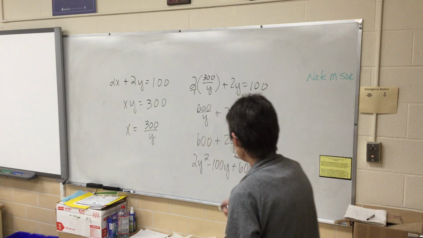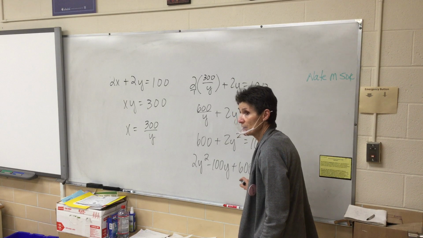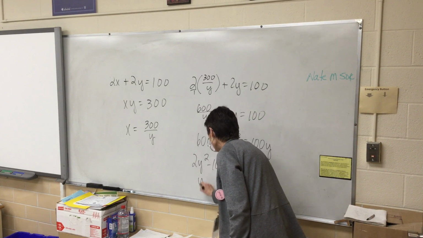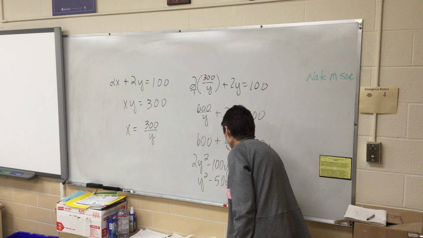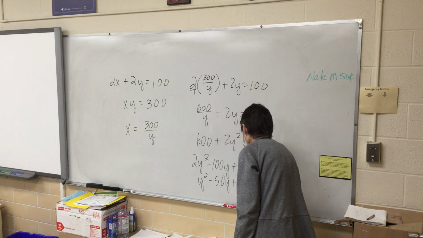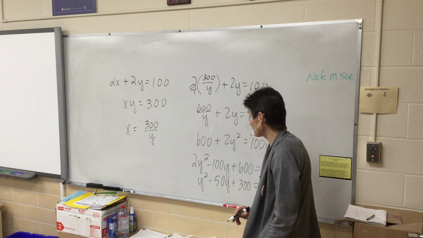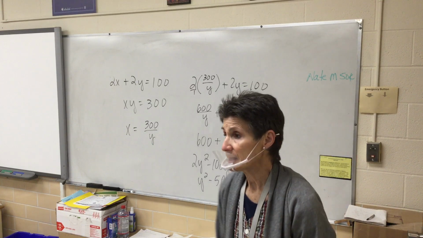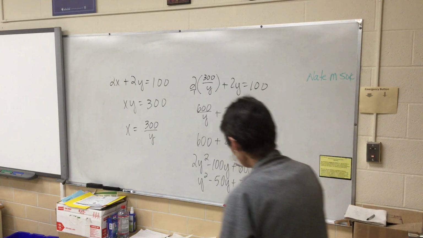Now, everything there is divisible by 2, so it might make your life easier if you divide it by 2. It's perfectly legitimate. It's certainly not required, but it does make your numbers a little bit smaller. They're still pretty big.